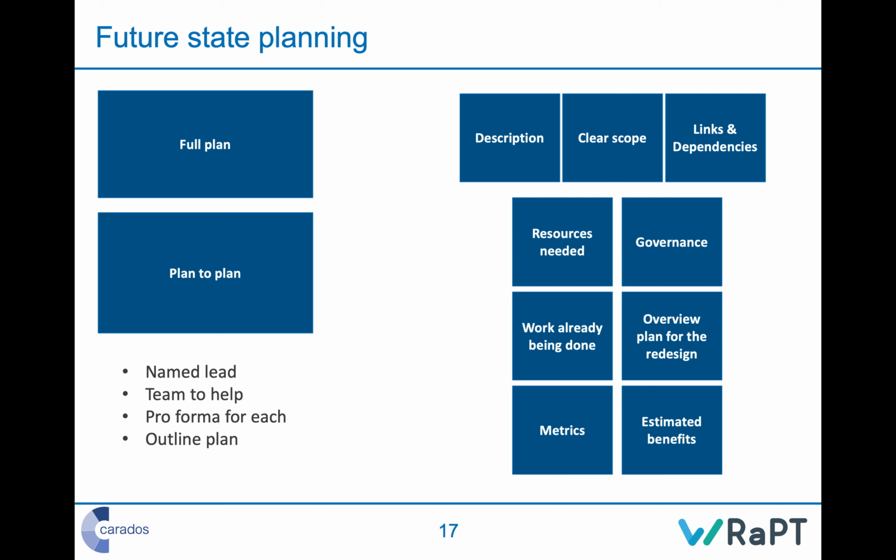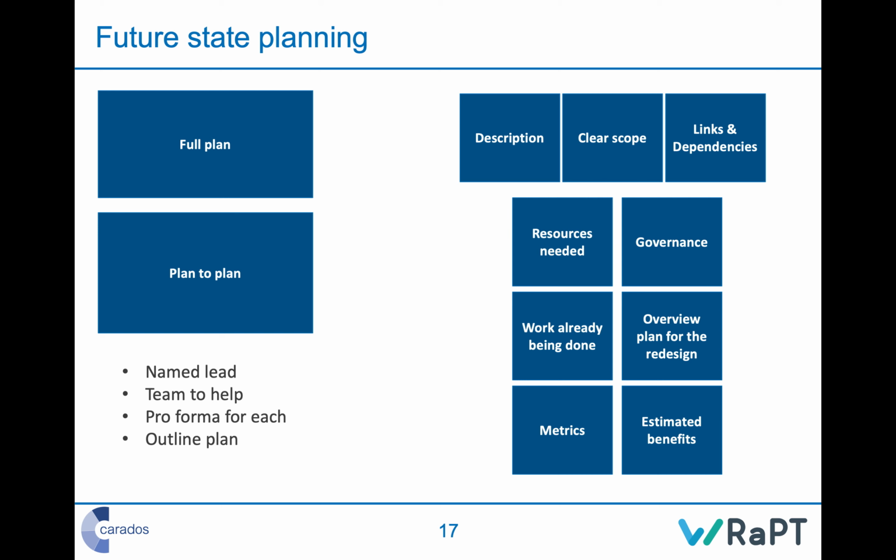So again, it could be as simple as we've looked at where we are, we've looked at the context, and the future state is we've kicked off these 10 projects, 5 projects, whatever, which we're going to go ahead with. But at the moment, we don't have the detail of exactly what impact they're going to have. The teams are working on those at the moment.